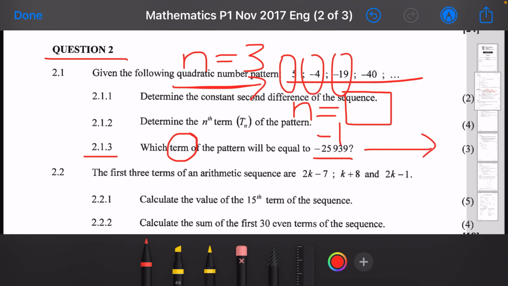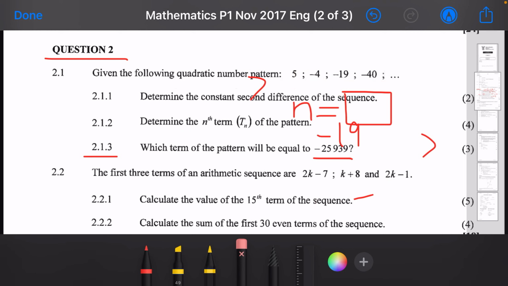I just wrote this part of the equation to remind you that this is the standard form of a quadratic equation. But because we're dealing with sequence and series, a quadratic number pattern, in place of x you use n.